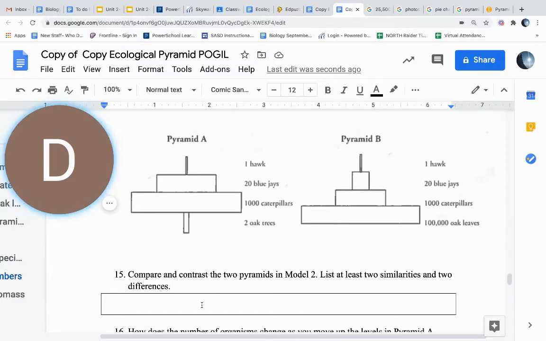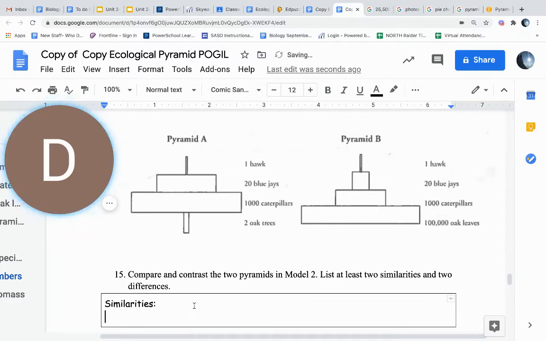List at least 2 similarities and 2 differences. So I want you to list some similarities, list some differences. Think about those. I'll give you 1 similarity. So we can think about there are very few hawks or top consumers in both.